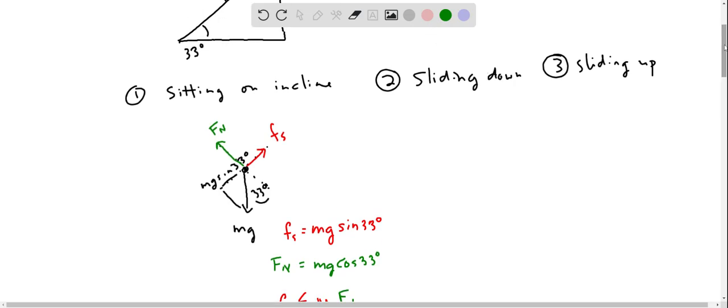Now, if the box is sliding down the incline, our diagram looks pretty much the same. So we have our weight. Let's get the inclination correct. So we have our weight making a 33 degree angle. And we have a normal force going up perpendicular from the incline.